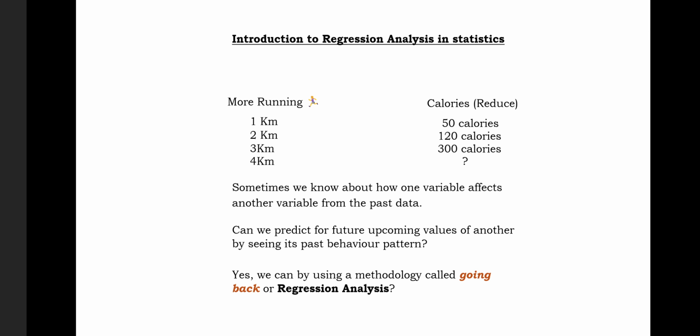Now, because you know a little about regression analysis, let's study it further and learn about the types of regression analysis. As you know, I was running, right? And it was reducing my calories, so there was a relationship between running and calories. Earlier, only running was affecting my calories, so there was a relationship between two variables, running and calories.